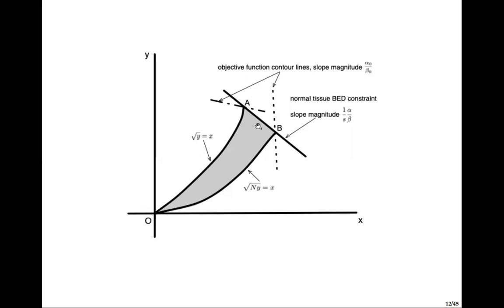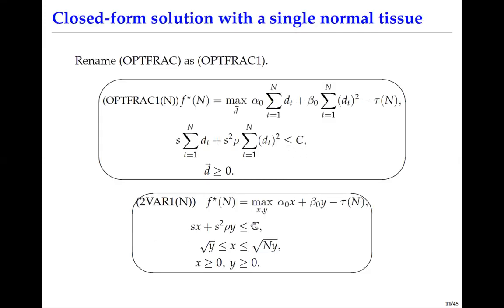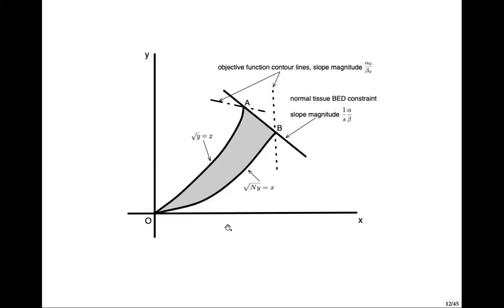And then of course there is a linear constraint, and I am showing that here. So I'm calling that the normal tissue constraint. Remember, BED stands for biologically equivalent dose, right? So that's the normal tissue constraint that I have. And if you look at the constraint, going back, this is the form of that constraint, right? That this BED has to be less than or equal to some tolerable limit. And the slope of this constraint can actually be easily calculated.